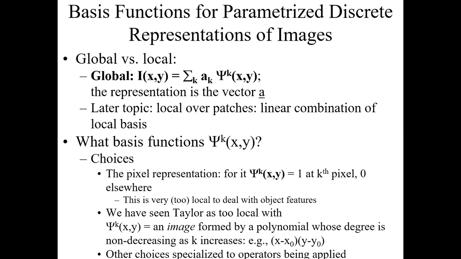That's just using the pixel entries, the values, as the coefficients. And we've seen the Taylor polynomials. Both of them are too local. And so we're going to be interested in basis functions that are more global. That's what we're going to be after now, trying to find a good set of psi-Ks, basis images, that we can write as a linear combination, and it works well for any position in the image.